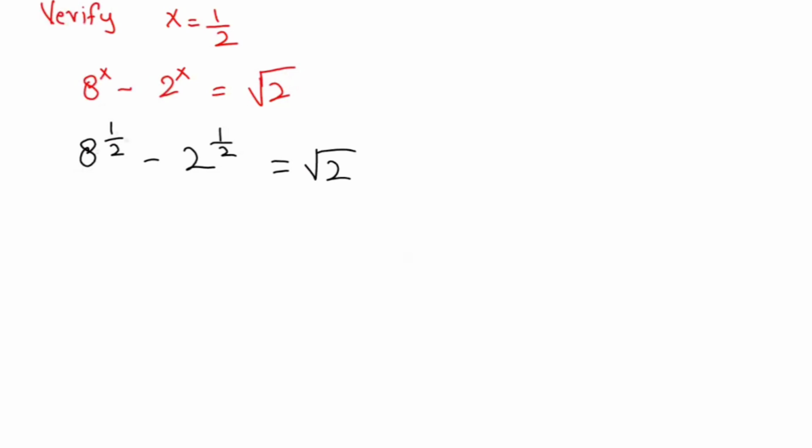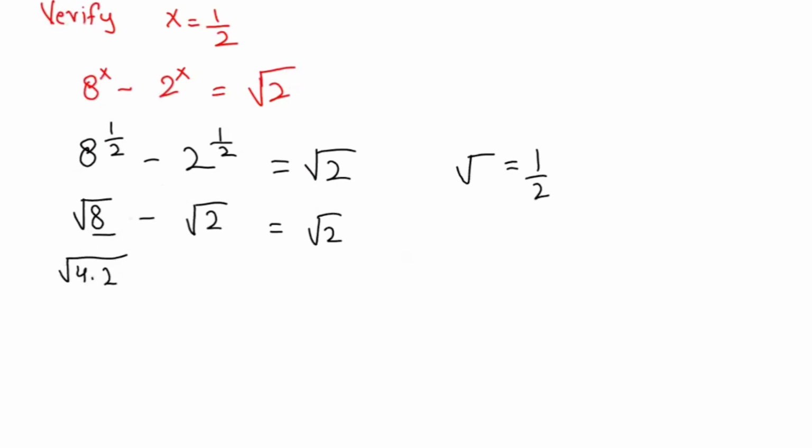Now, 8 to the power of 1 over 2, as you know, is the root. So I write root 8 minus root 2 is equal to root 2. As I solve this, I expand: 4 times 2 gives us 8, so root 4 times 2 minus root 2 is equal to root 2. This I solve: 2 root 2 minus root 2 is equal to root 2.